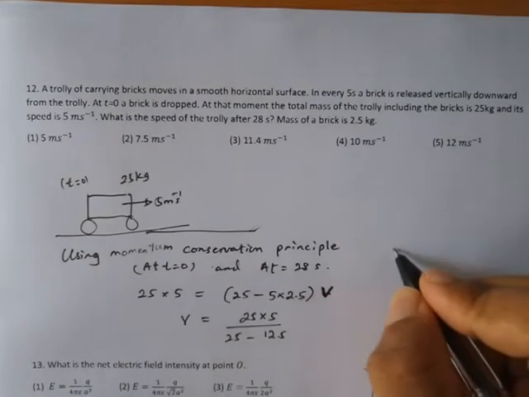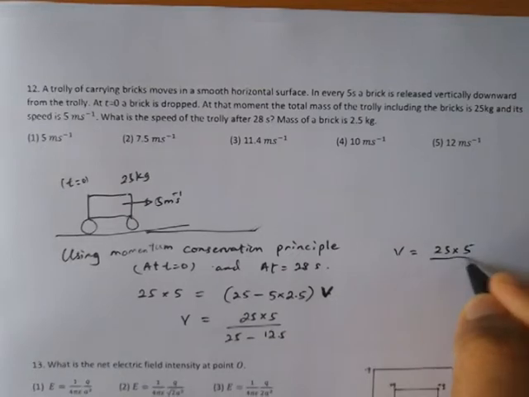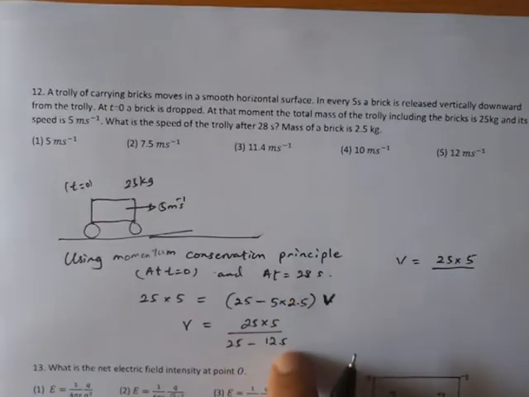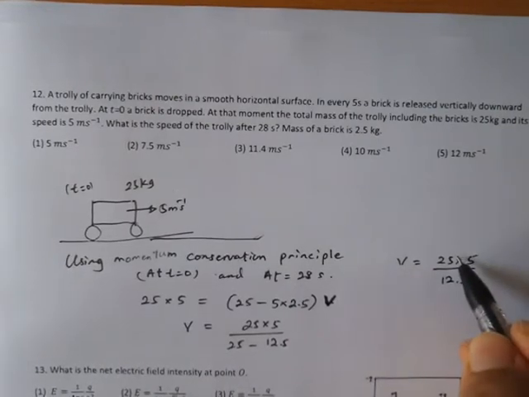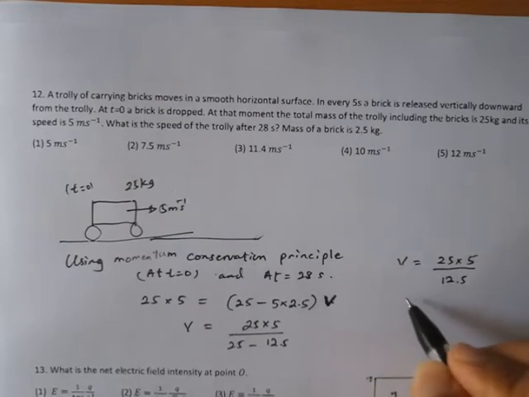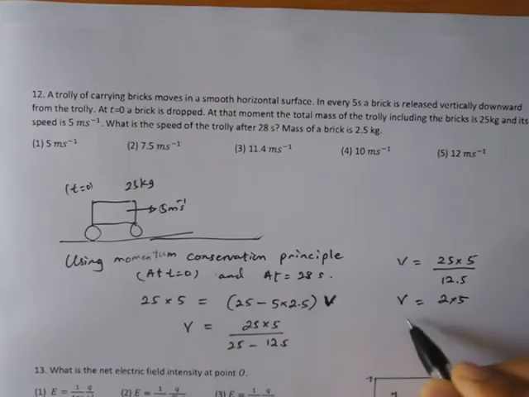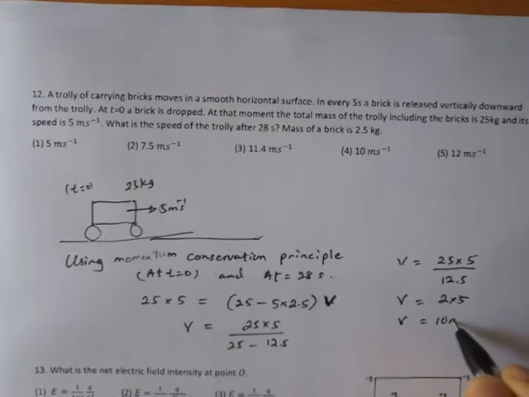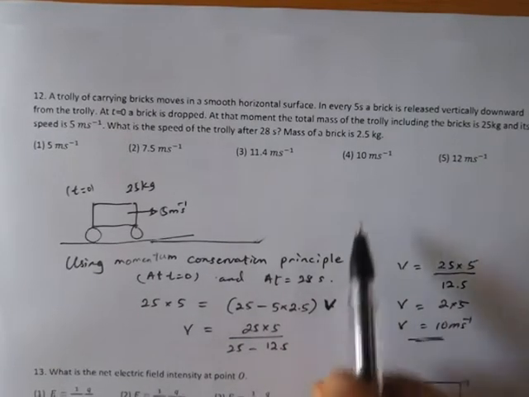So we get v is equal to 25 times 5 over 25 minus 12.5, which means 12.5. So we can divide 25 by 12.5, right? Two 12.5s make 25, so we get 2 into 5, so v is equal to 10 meter per second. So this is the answer, I mean the fourth one.